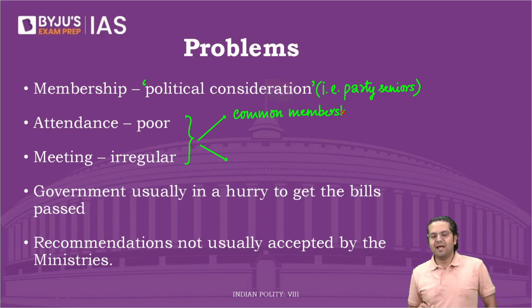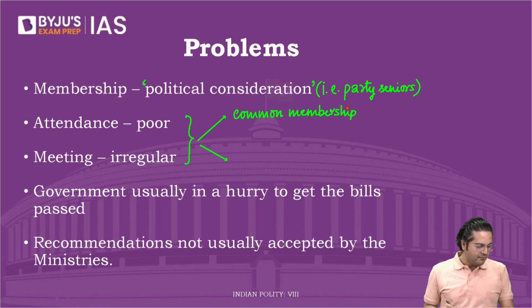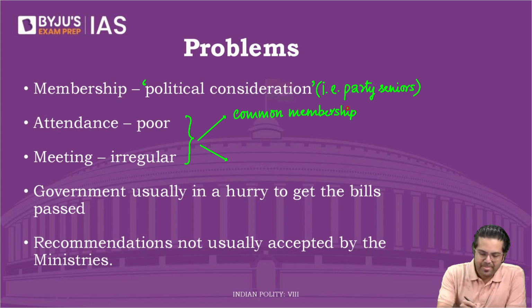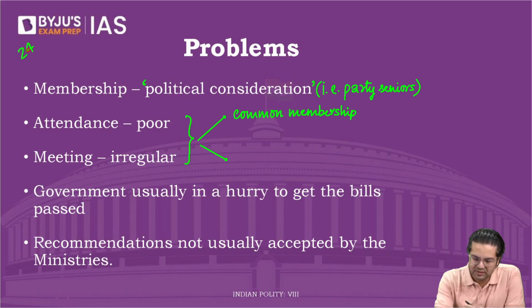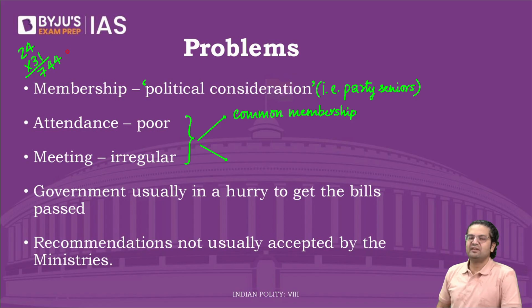Now, one simple calculation, though I am very afraid of mentioning this, but let's take an attempt. How many committees do we have? 24. Each committee has how many people? 31. This means in total we need at least 744 people. Now the entire house has 788 people only maximum, of which 70-80 are ministers only.